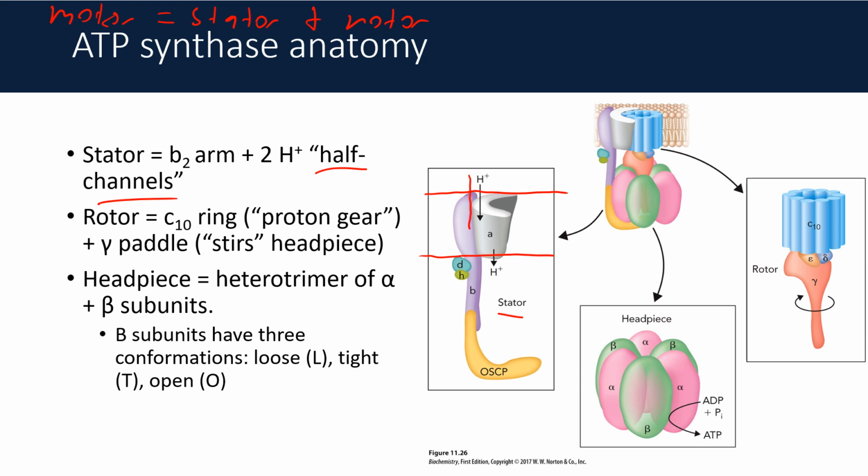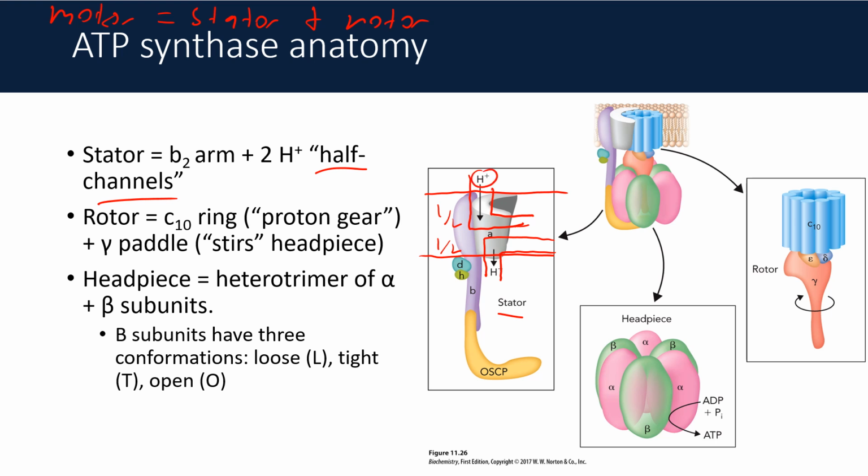There's an entry port over here where the protons flow in, and they are going to enter essentially the rotor. They're not going to flow directly into the matrix side. And then when they're done rotating the rotor, they are going to come back to the exit port. So you can see there's two half channels.